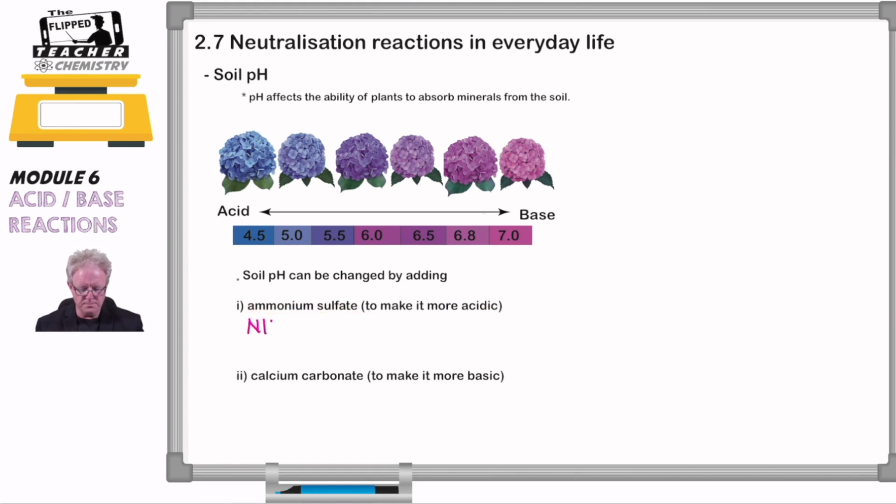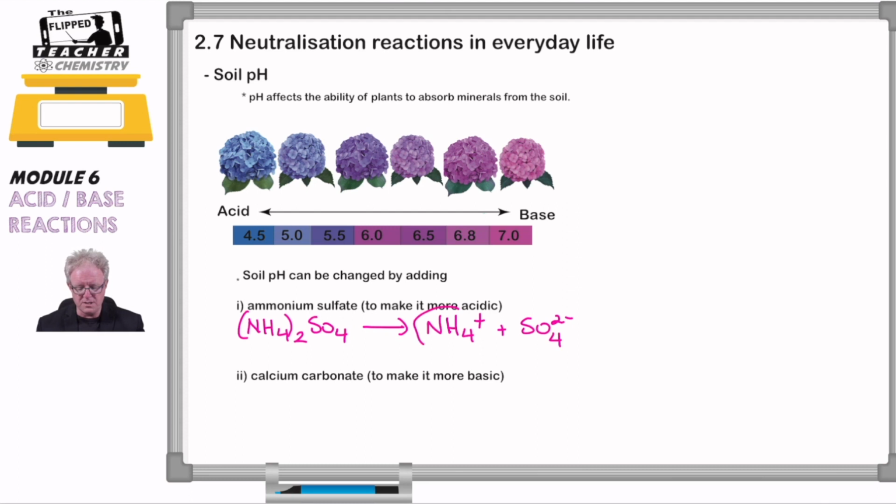We have ammonium, and it's a sulfate, so there it is. Now if we let that dissociate, we would get ammonium and we would get sulfate. But we mix it with water, don't we? Well, the sulfate doesn't really do much because we're going to learn that it comes from a strong acid, which completely dissociates. So if we put that in water, we're just going to have sulfate ions, that's it.